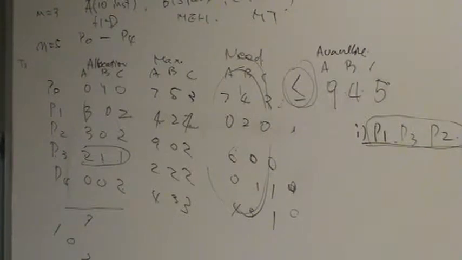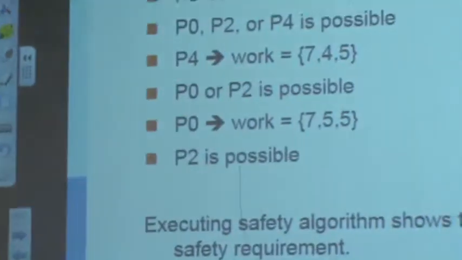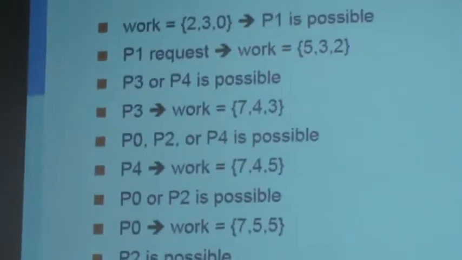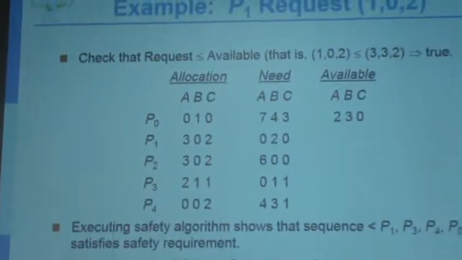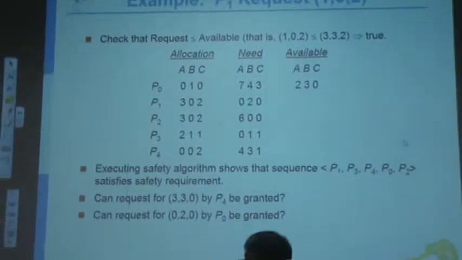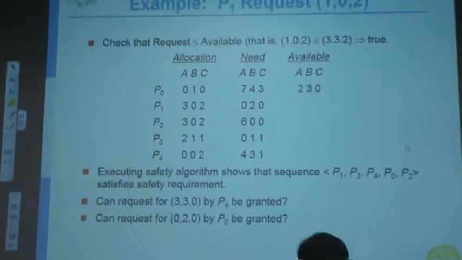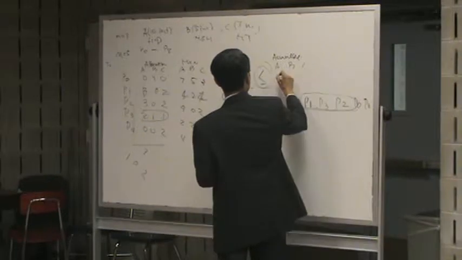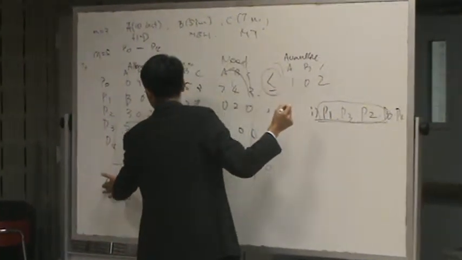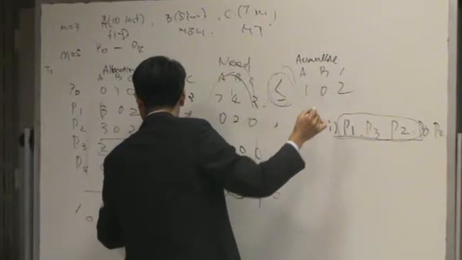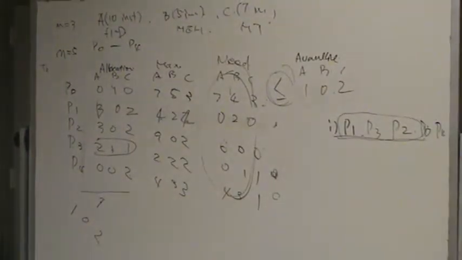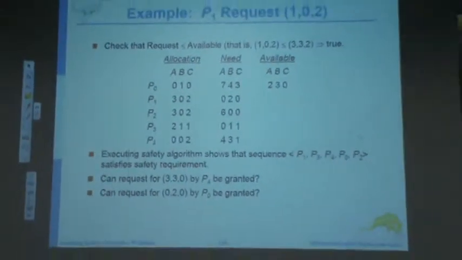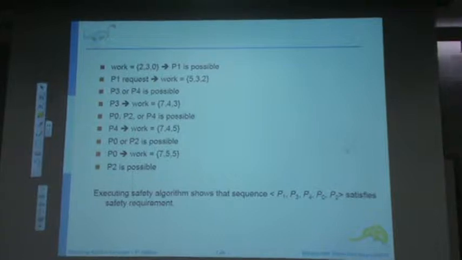So first, we can find the process whose need is less than the available. Available is 2, 3, 0. It's a change. Available is changed because you use 1 more resource A and 2 more resource C. So you have nothing on C. Then first P1.